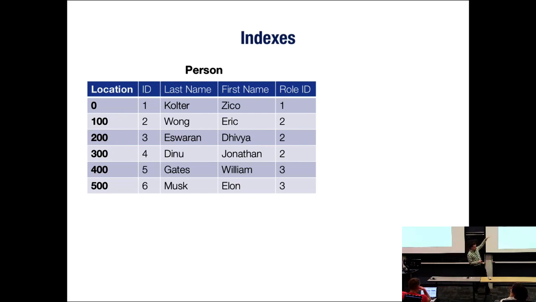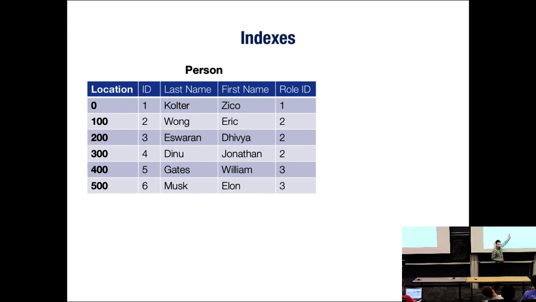And so in the actual file, the first entry starts at location 0, the second one at location 100, 200, et cetera. So all an index does is take a column and, think about it as sorting it.